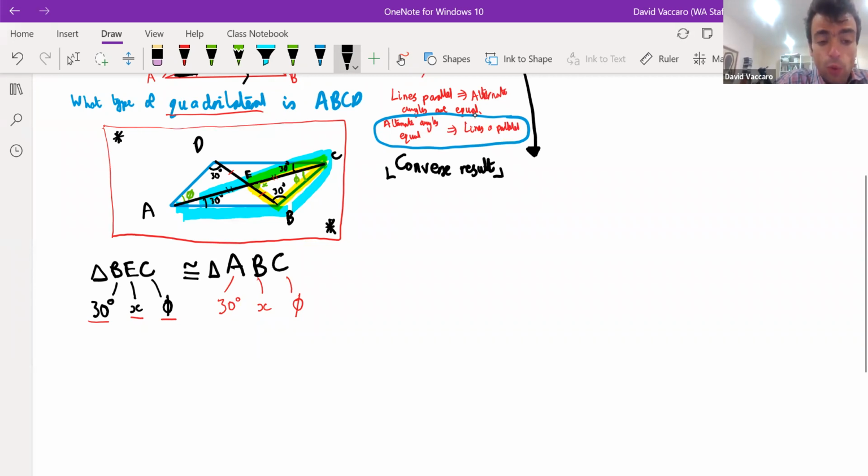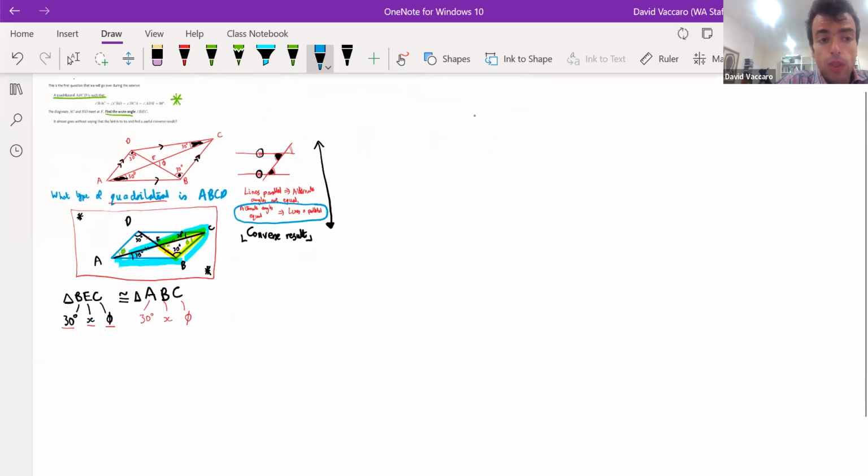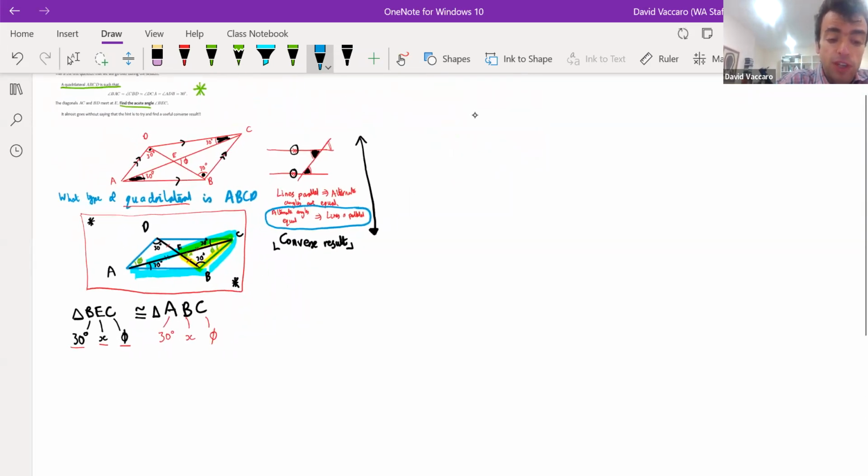Now I wouldn't necessarily always write it, but notice that when you have similar triangles, it's worth being careful to make sure that you put the equivalent vertices in the equivalent places. So we've got BEC is similar to ABC. So if triangles are similar, then we know that equivalent ratios are the same.